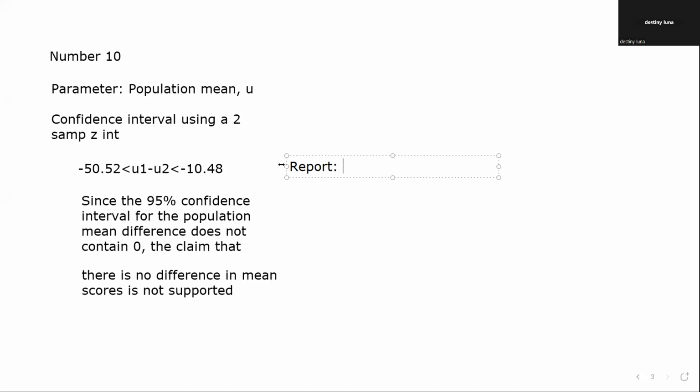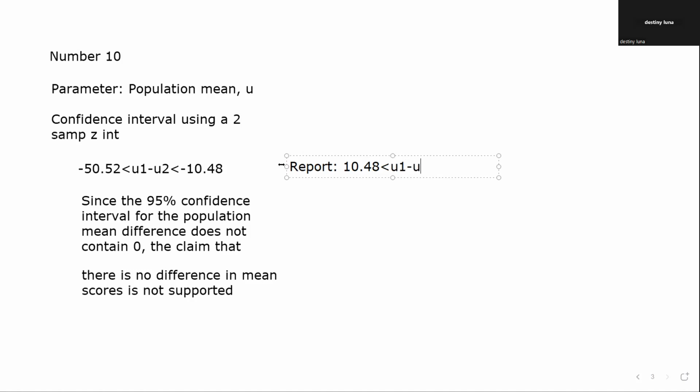You're going to say that 10.48 is less than mu, and you just switch the names of the groups.